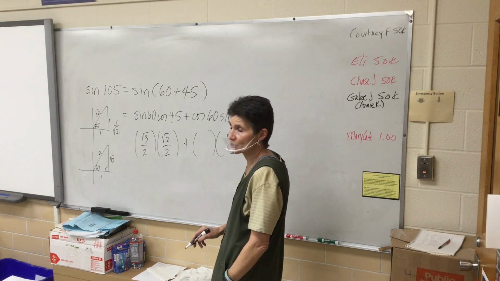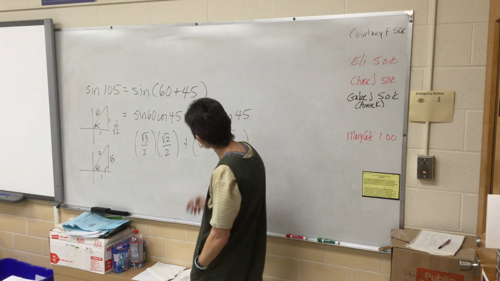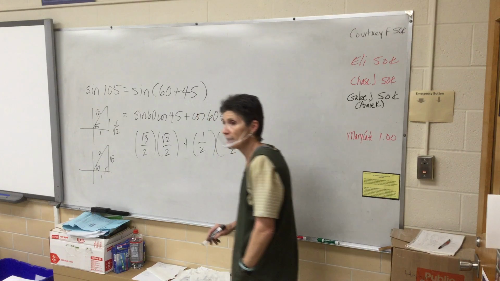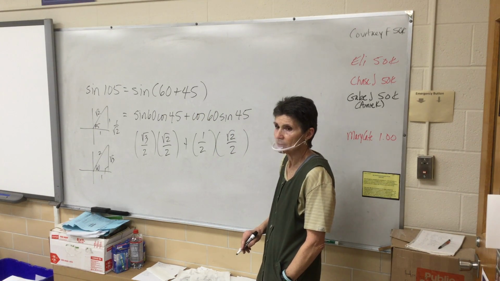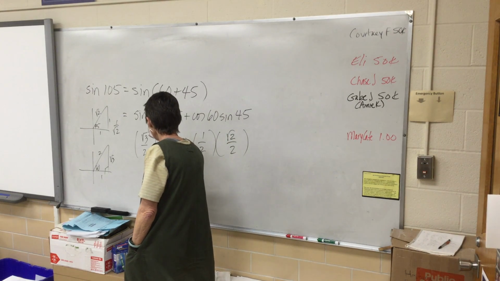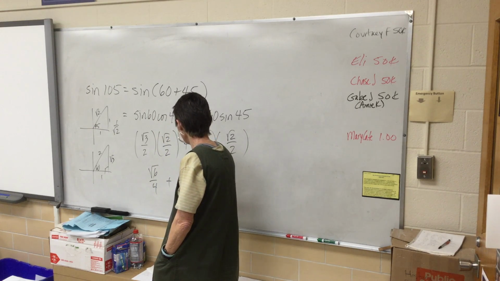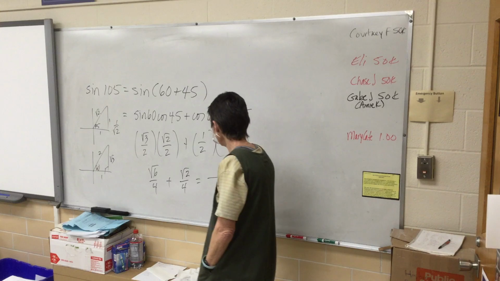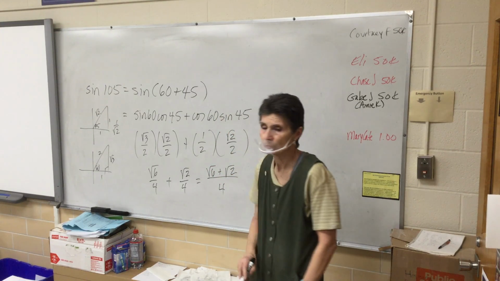Those two always match, sine and cosine of 45. And then the cosine of 60 is 1/2. This looks very familiar. So multiply to get root 6 over 4, plus root 2 over 4, and then go ahead and make one fraction out of it: root 6 plus root 2 over 4.